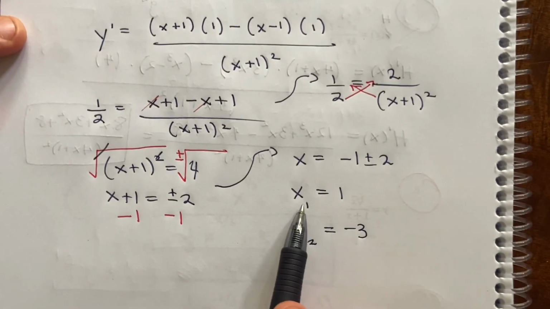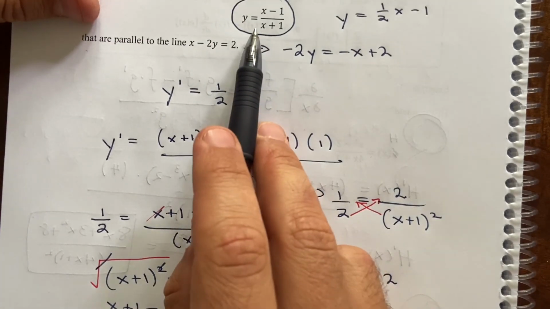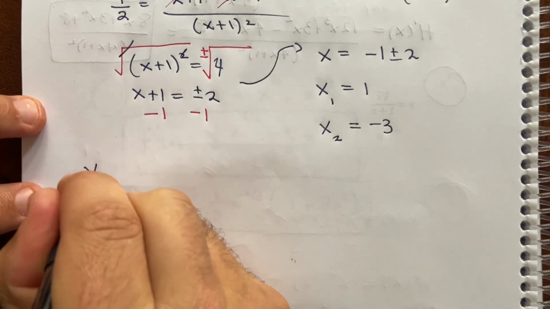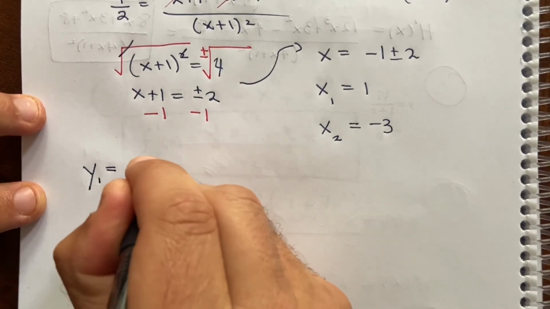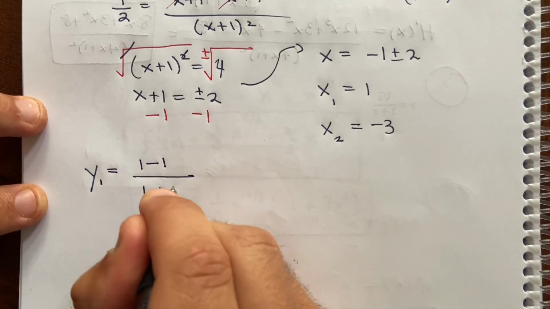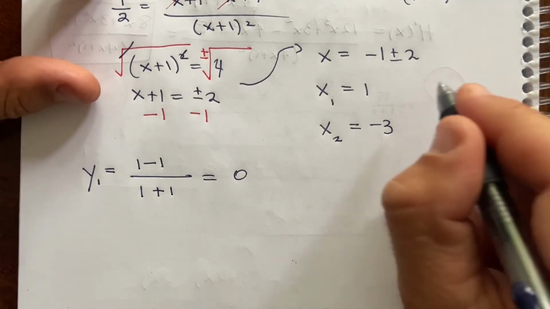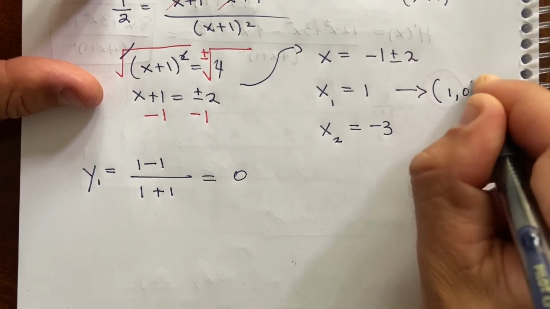So I'm going to plug in x1 here to find y1. So y1 will be 1 minus 1, right? I'm plugging this into y equals x minus 1 over x plus 1. So we have 0. So in other words, we have a point of 1, 0.